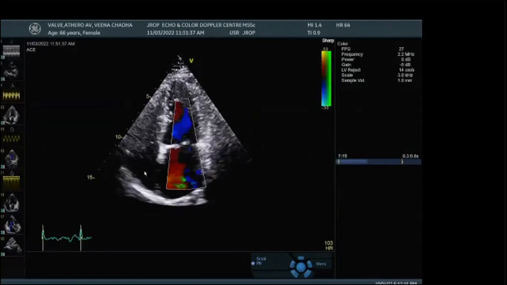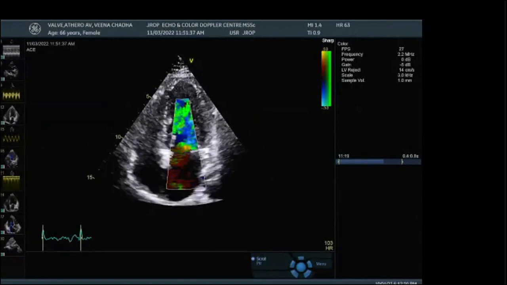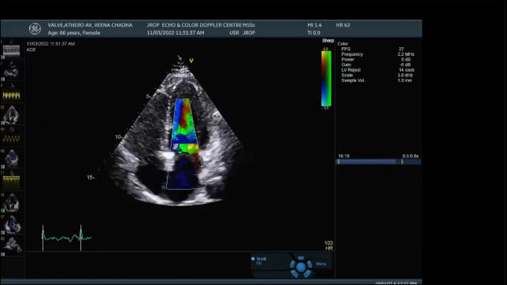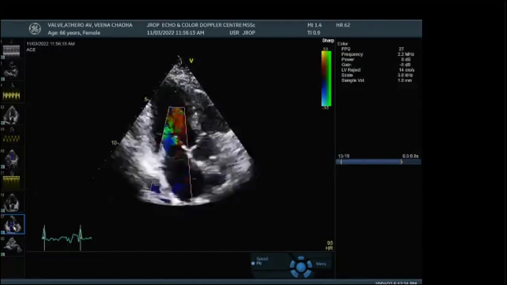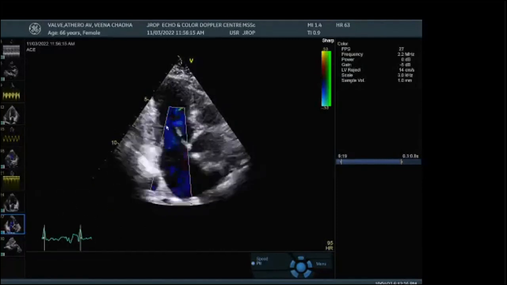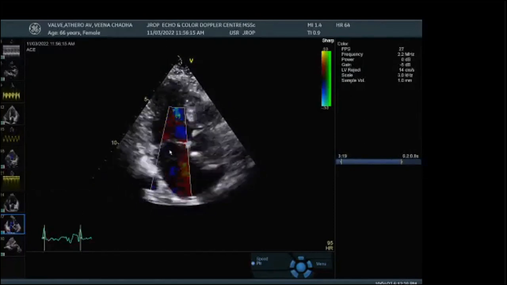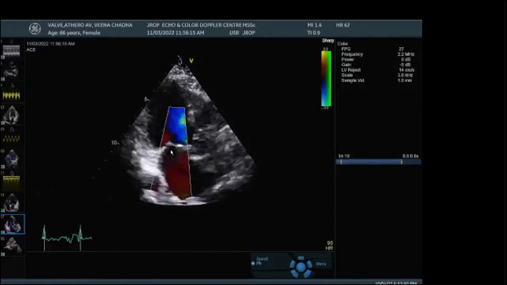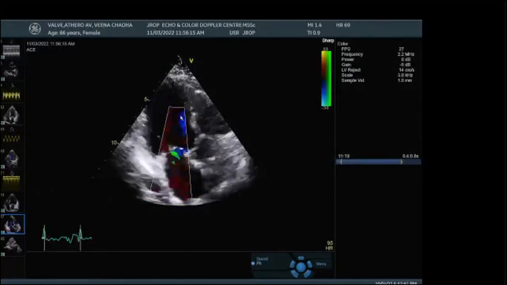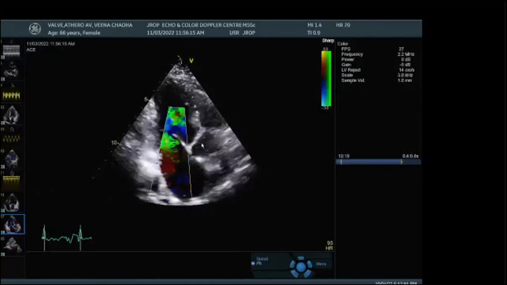You can see the speckle of colors over here. This is systolic MR. If I move this cursor, you can now see some blood going towards the mitral valve during diastole, so you can identify MSMR together in one patient. Now you can see MS, the blood towards the transducer, and red color blood away from the transducer.